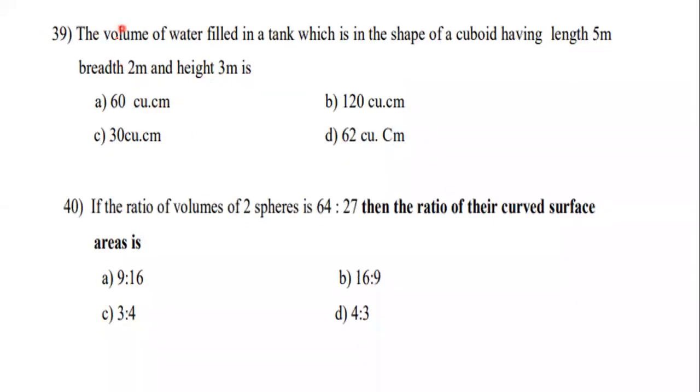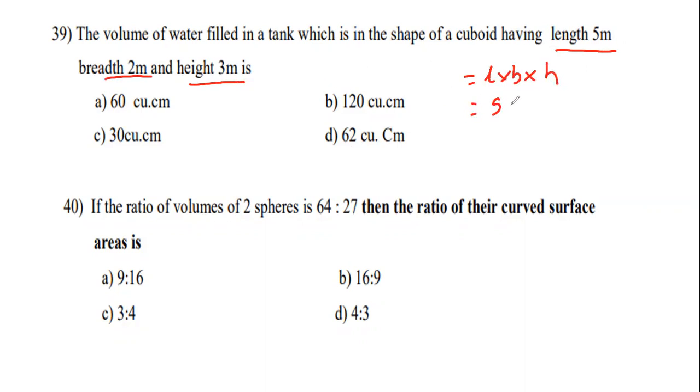Next, go for next sum. 39th sum. The volume of the water filled in a tank which is in the shape of a cuboid having length 5 meter, breadth 2 meter, height 3 meter. Volume of the cuboid is length into breadth into height.